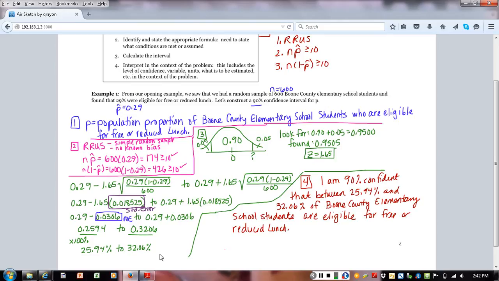Now, to tie this back into how maybe you would have seen a confidence interval before, you might see that written as 29%, because that's our 0.29, plus or minus 3.06%. So that's your margin of error. And if you do that math, 29% plus or minus 3.06%, you do the minus, you get our 25.94%, you do the plus, you get the 32.06%.